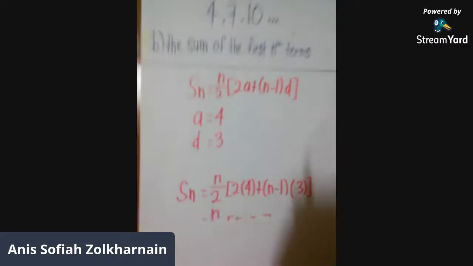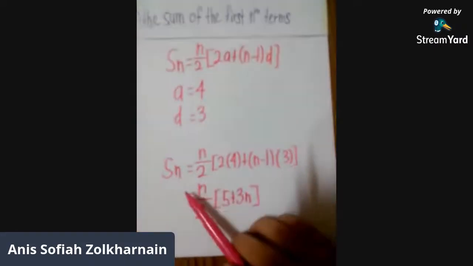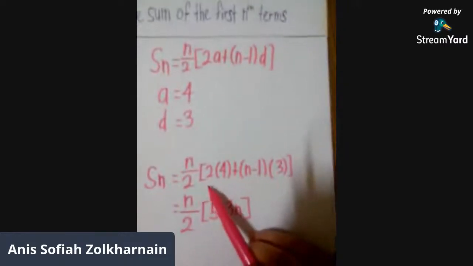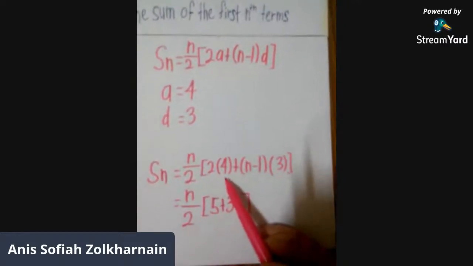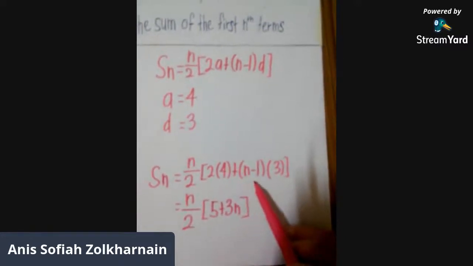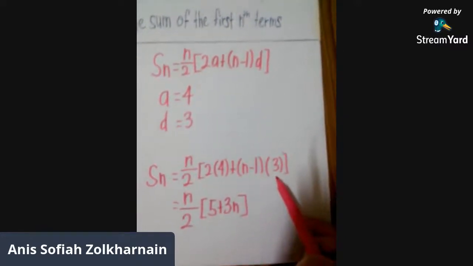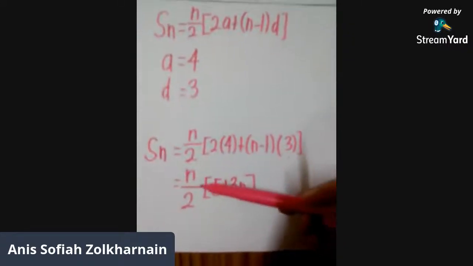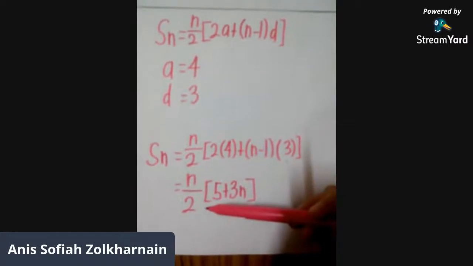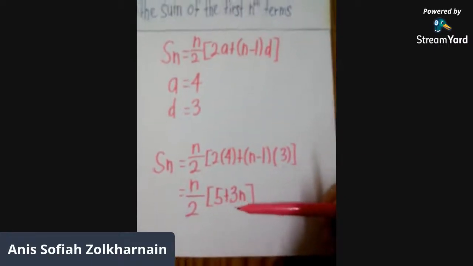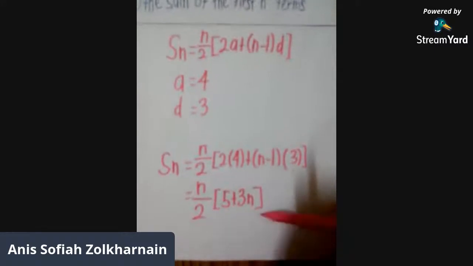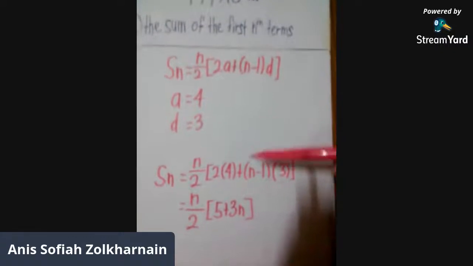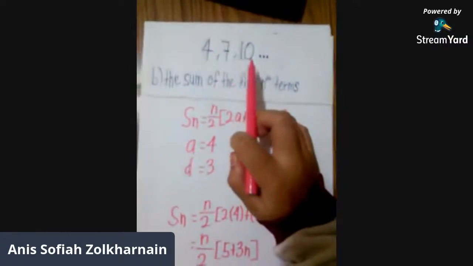So Sn equals n over 2 in bracket 2 times a, which is 4, plus n minus 1 times the common difference b. The final answer will be n over 2 in bracket 5 plus 3n.